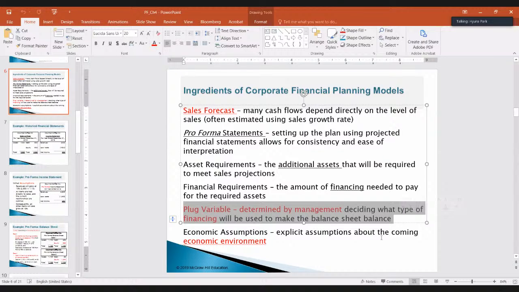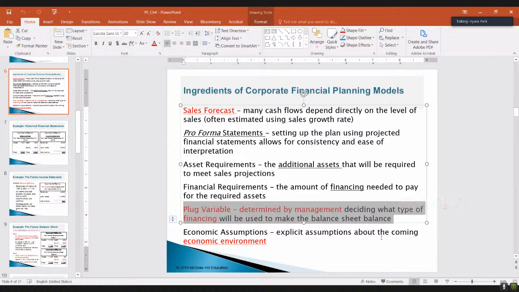It is the financing-related variable that the company's managers should choose. It's very important for you to remember that the plug variable is the decision of the managers. It's decided by managers for what? For financial planning. In what area?